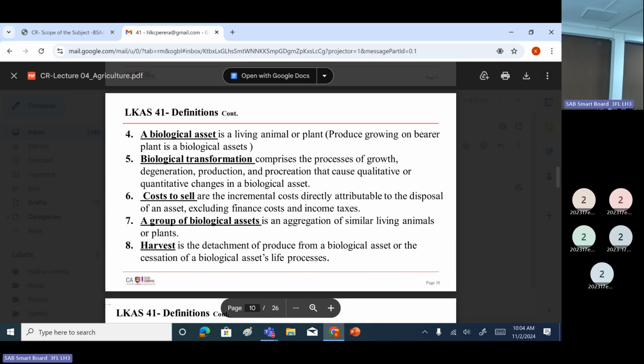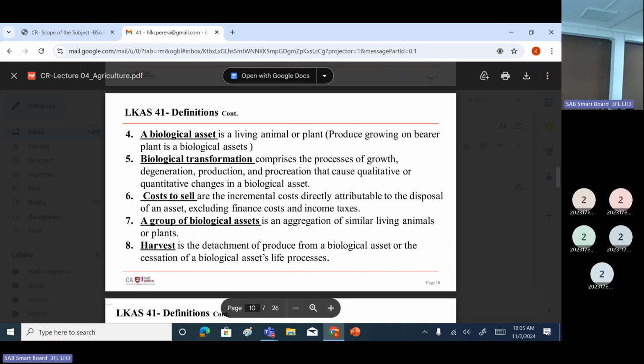According to the standard, the measurement basis may depend on cost to sell. Right? You'll see what the measurement basis is. It is suggested by LKAS 41 for agricultural produce, consumable plants, consumable animals, and bearer animals. It may depend on cost to sell. That's why they have defined cost to sell here, right? A group of biological assets is an aggregation of similar living animals or plants.